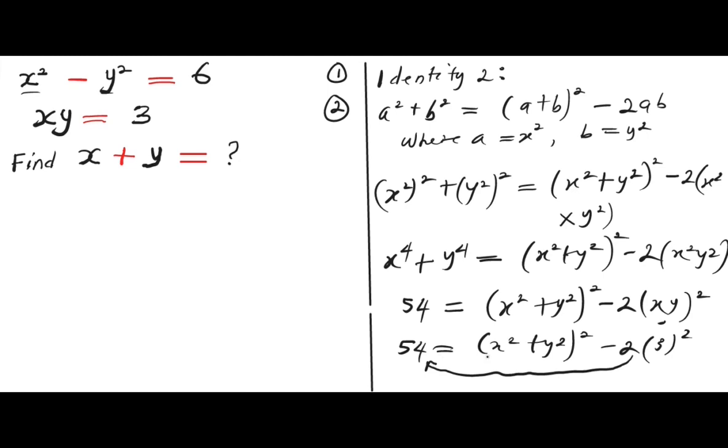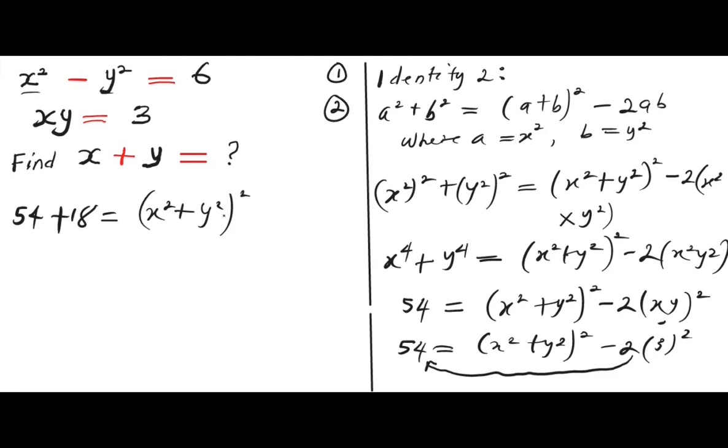So you have 54. Now here you have 3 raised to the power 2. 3 raised to the power 2 is the same thing as 3 times 3, and that is 9, and 9 times 2 you have 18. So you have negative 18 here. When it crosses this equality sign, it will change to positive 18. So you have plus 18 equals x squared plus y squared all squared.